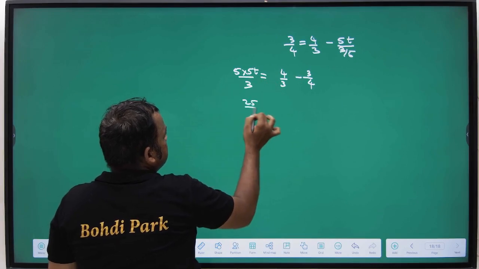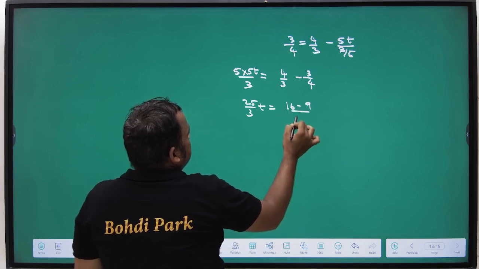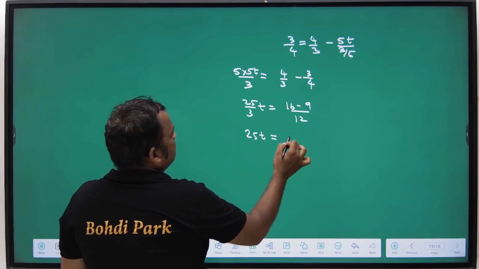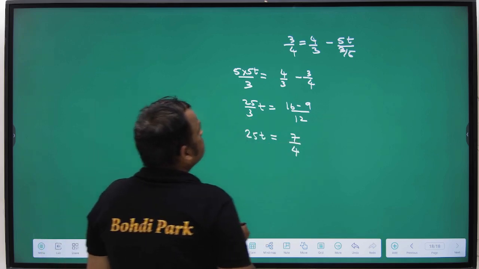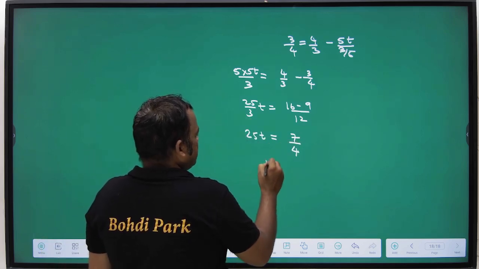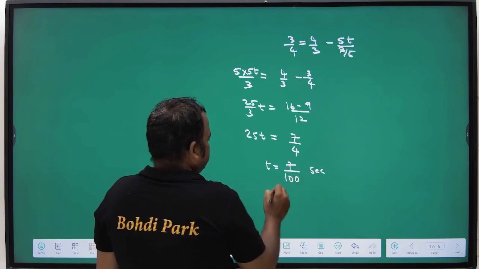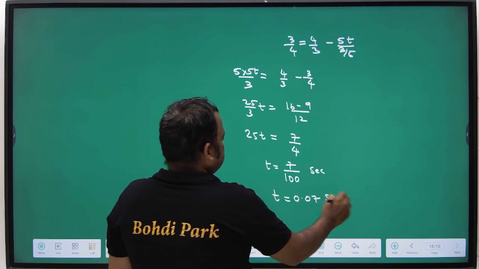So 25 by 3 into t is equal to 16 minus 9 by 12. So 25t is equal to 7 by 4. So t is equal to 7 by 100 seconds. So t is equal to 0.07 seconds.